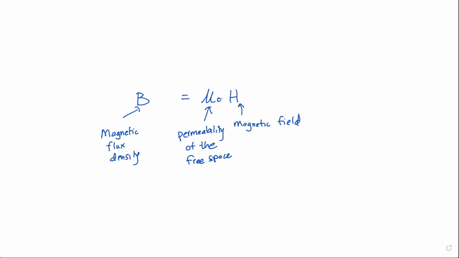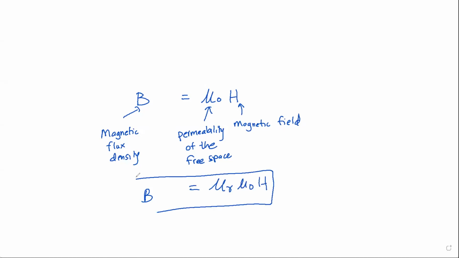As I said before, if you want to apply this relationship onto another medium, you can multiply this mu naught by mu r, that means relative permeability. This is the equation that you can use for any medium with the relative permeability of mu r, right? So this is relative permeability.